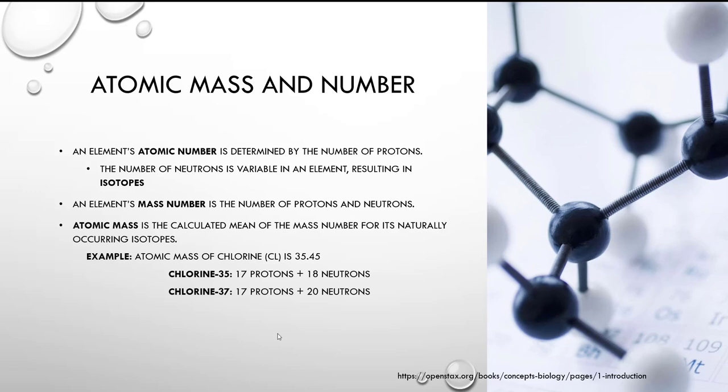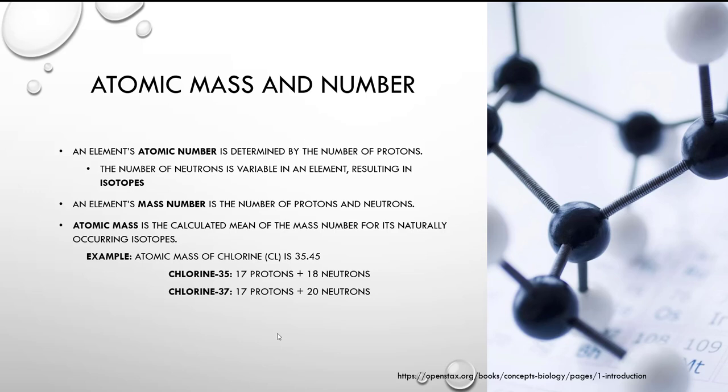It's the calculated mean of the mass number for its naturally occurring isotopes. For the elements, there are a number of different isotopes, which means there are a number of different mass numbers for that element. So on the periodic table, they just calculated the average mass number to get the atomic mass.